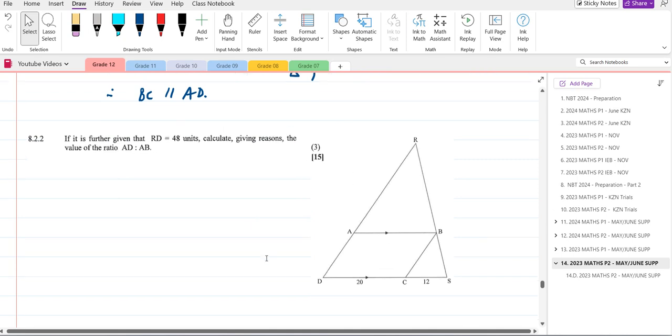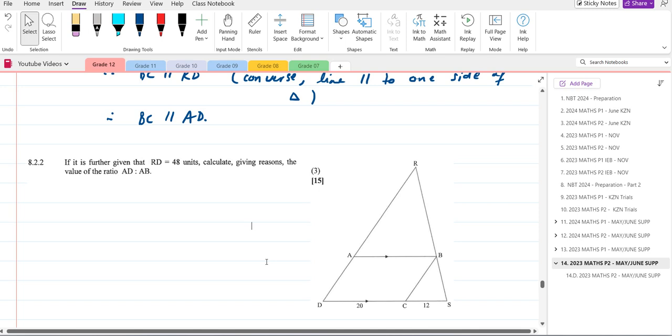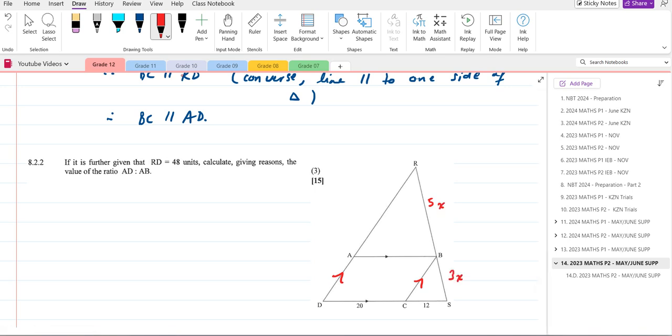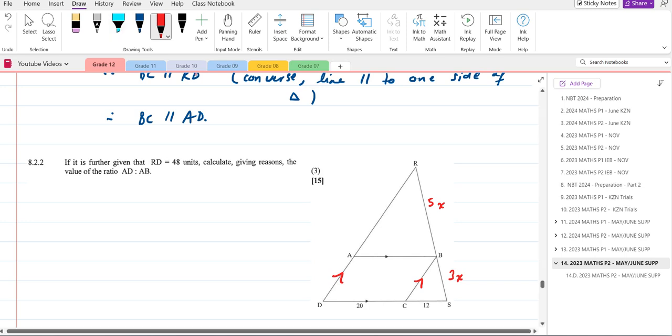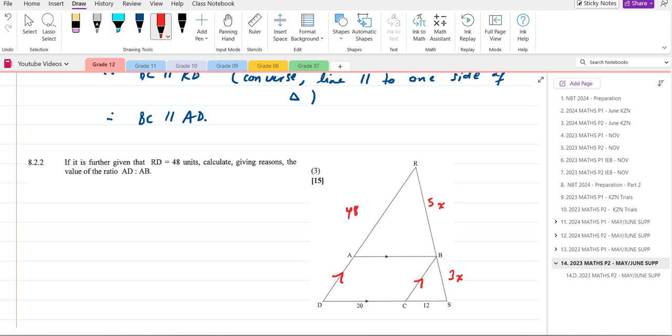Right, so we know there are parallel lines here as well. We just proved parallel lines here. And this is in the ratio 5x is to 3x, 5 over 3. Now, RD, the entire distance, is 48. Calculate giving reasons the value of the ratio AD is to AB.